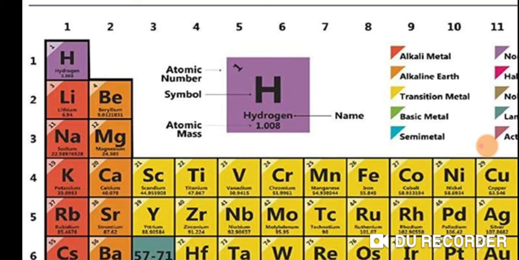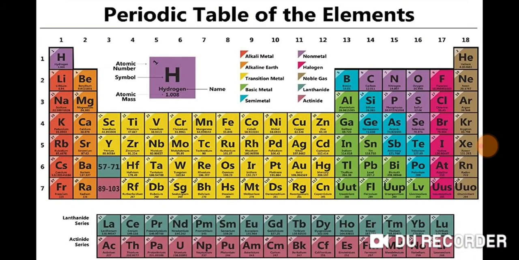So the horizontal lines are known as the periods, whereas the vertical lines are known as the groups or columns. There is a number line written on top of the periodic table. You can see 1, 2, 3, 4, 5, 6, 7, 8. And if we move on to, for example, the second number line, that is the orange part, that is the alkaline earth metals.